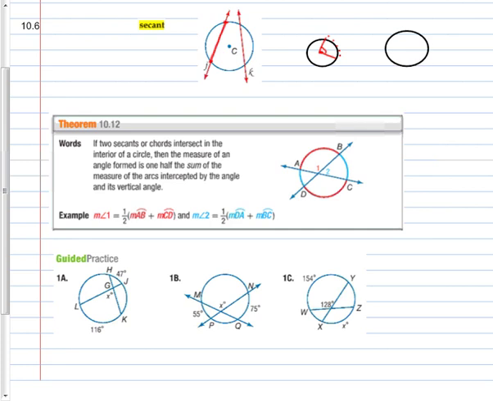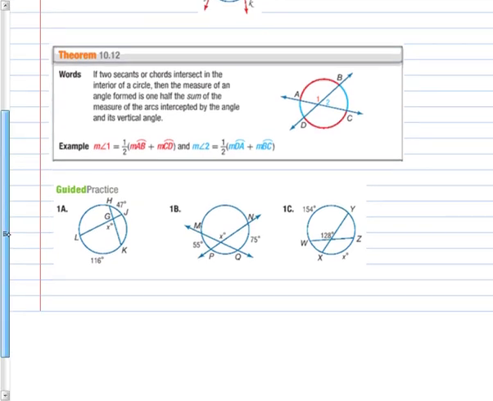So if I have a circle, there's my center, and I have an angle like this, we call that angle what kind of angle? Inscribed. And what is its measure compared to its intercepted arc? 1/2. All right.